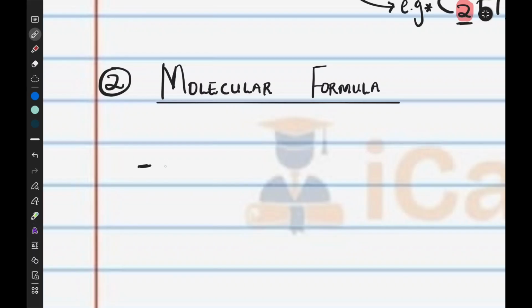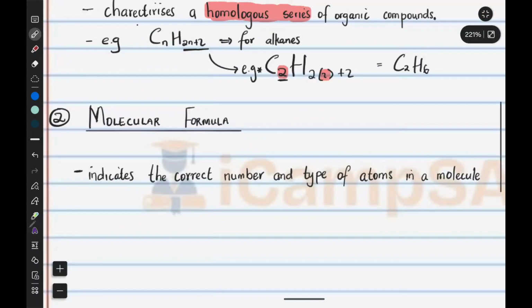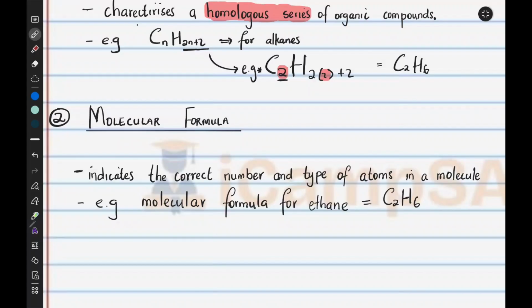All right, so a great example, if we still use ethane, we can say the molecular formula for ethane is C2H6, right? That's our molecular formula for ethane. As we've already mentioned, it tells us the number and type of atoms.